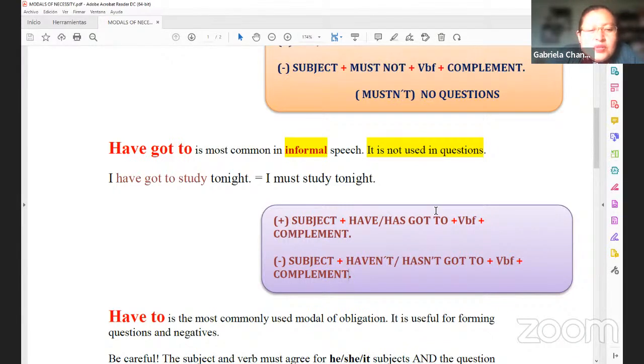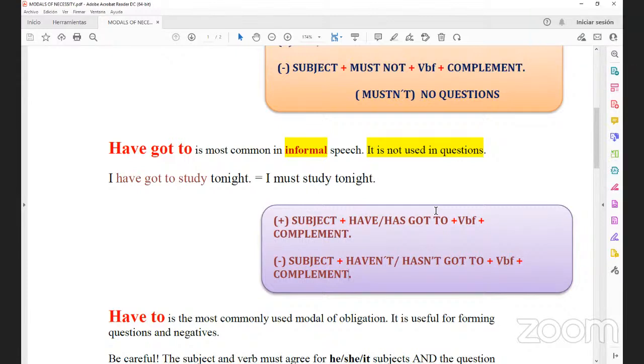I have got to send a report every day in my job.